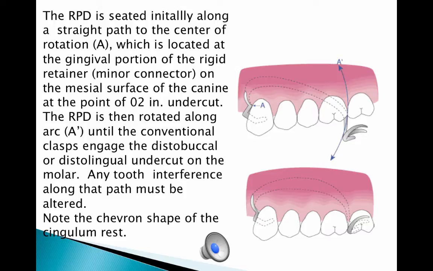The RPD is then rotated along an arc A until the conventional clasp engages the distal buccal or distal lingual undercut on the molar. Any tooth interference along that path has to be altered. Note that the chevron shape of the cingulum rest, that rest cannot be too deeply V-shaped or it will provide interference.